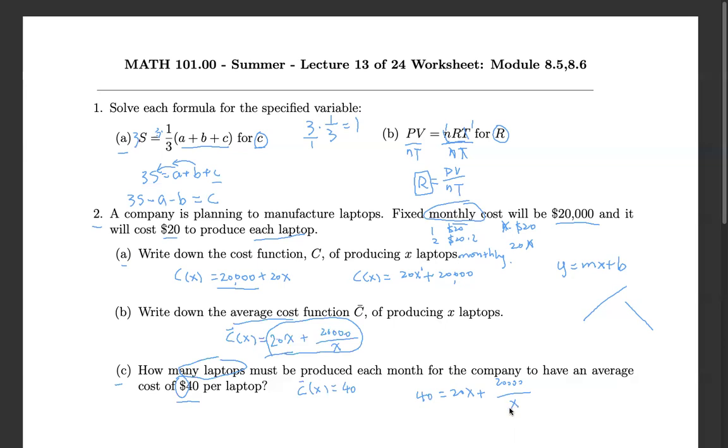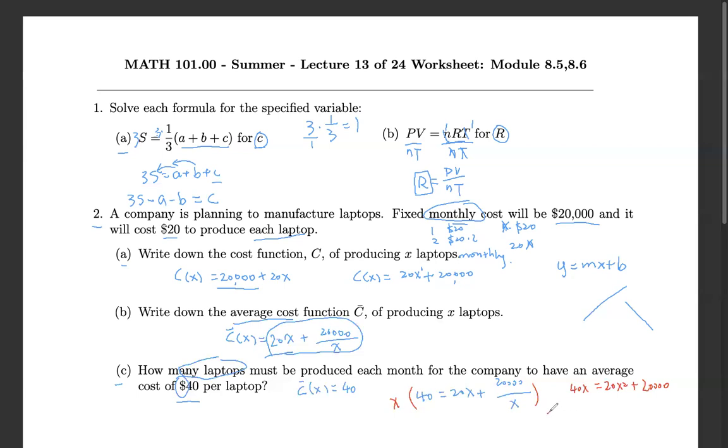The denominator is X. So we want to multiply everything by X. So doing that, we get 40 times X, which is 40X, equals 20X times X, which is 20X squared. The X times 20,000 divided by X would be just 20,000, right? Because X divided by X becomes 1.